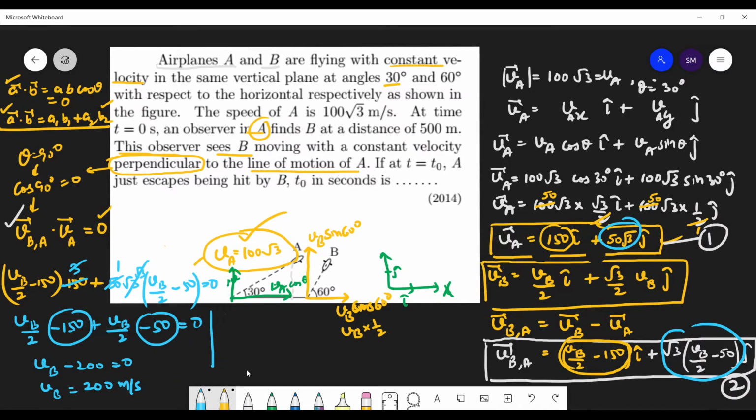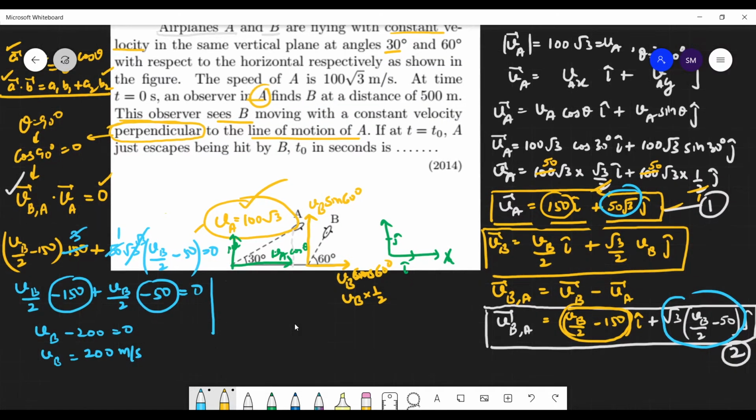So students, we have got VA was 100 root 3. VB, we have calculated it's 200 meters per second. Now what's our ultimate target? So our ultimate target is that if t equals t naught, okay, so here the time was 0 when the distance between them was 500 meters.